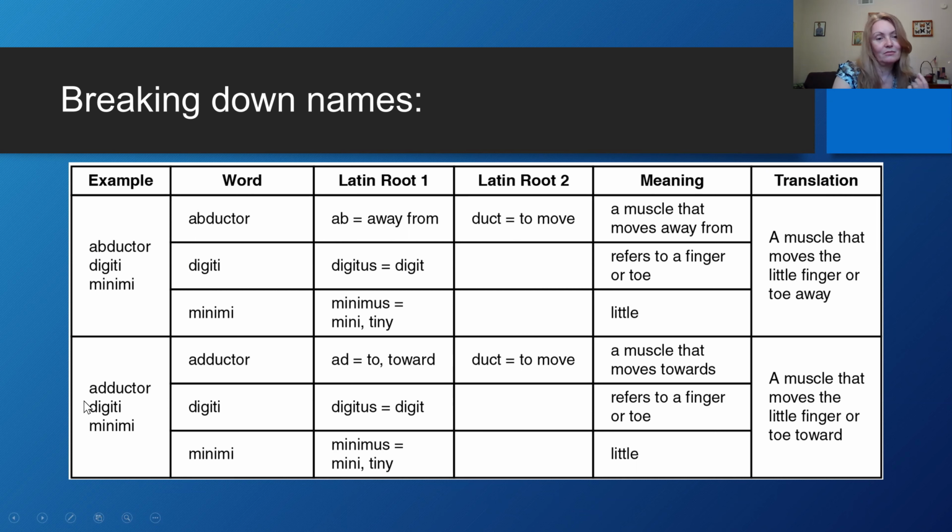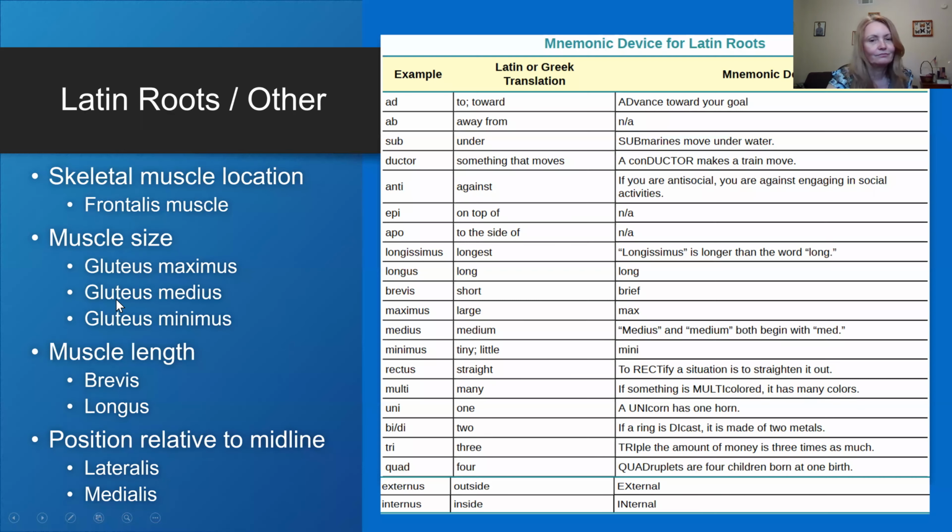So this muscle moves the little finger or toe towards the midline of your body, right? So you see how these names have meaning. Abductor abducts. Adductor brings it towards the midline. And what are they moving? They're moving your small digit, digiti minimi.